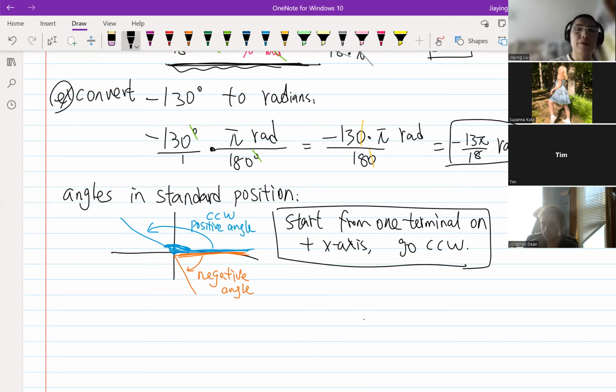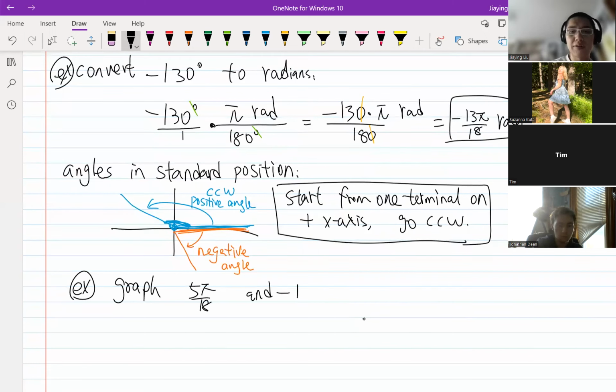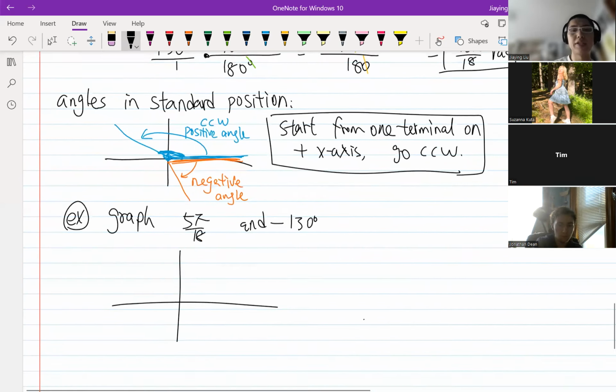For example, if I were to graph the two angles above, we have 5 pi over 18 and negative 130 degrees. Let's plot 5 pi over 18 first.